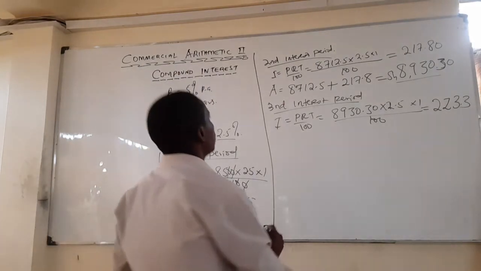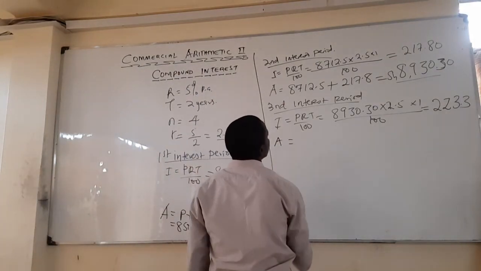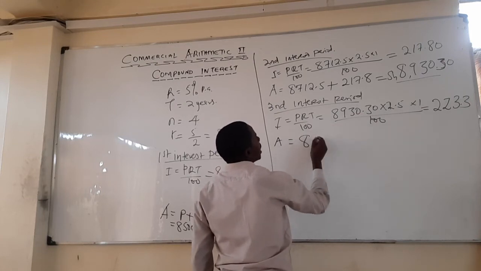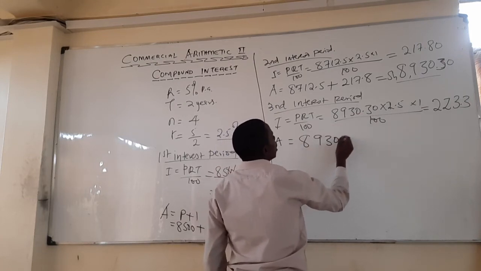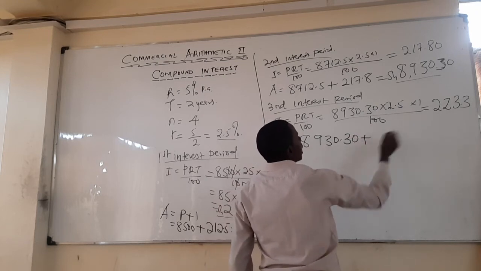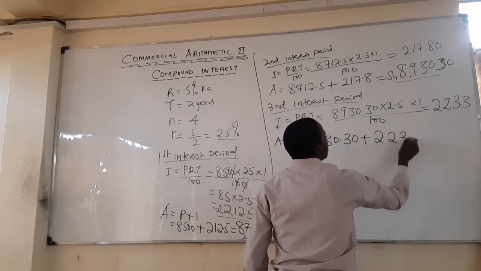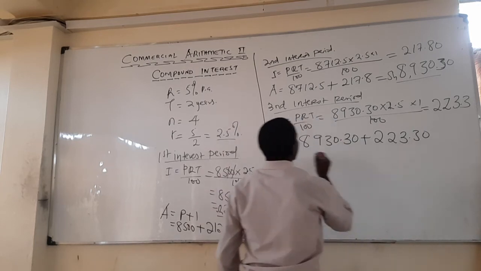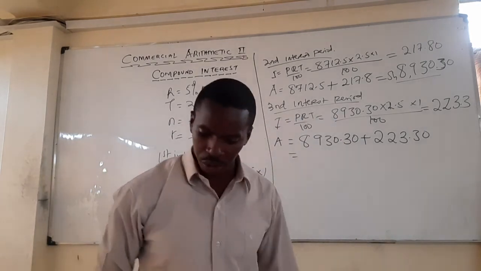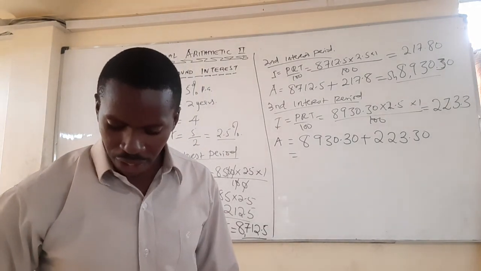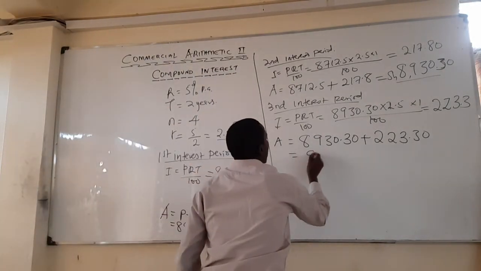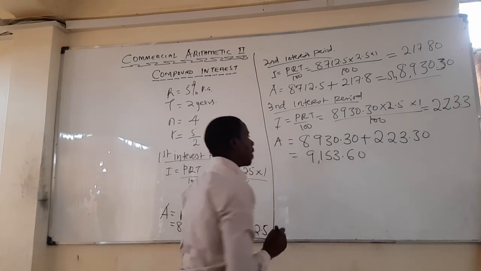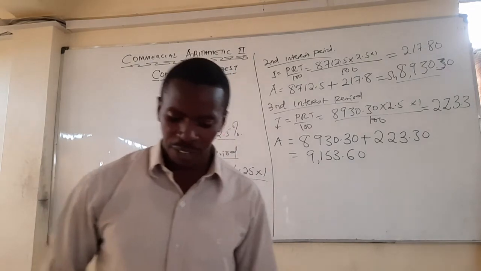Then the accumulated amount after the third period is the principal we had, 8,930.30, plus 223.30, and this gives us 9,153.60.